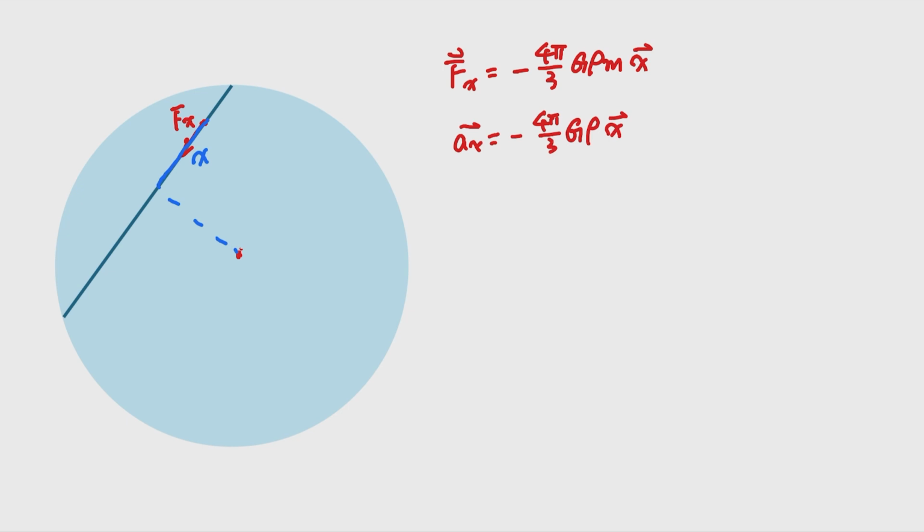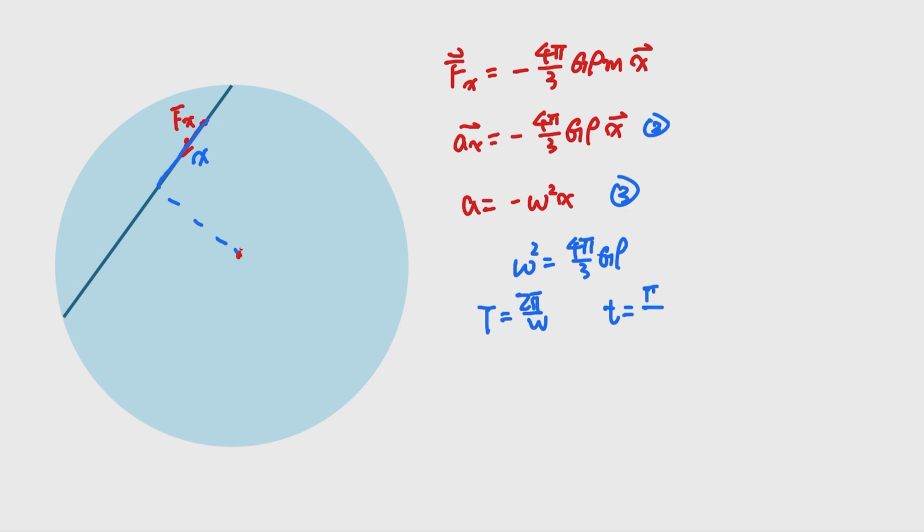Use the A-level formula from your formula book. Equate two formulas to find omega squared. The period equals 2 pi over omega. The time taken should be half of the period. If you do everything correctly, you should find the answer as 40 minutes, which is the same time as for the straight tunnel that goes through the center.